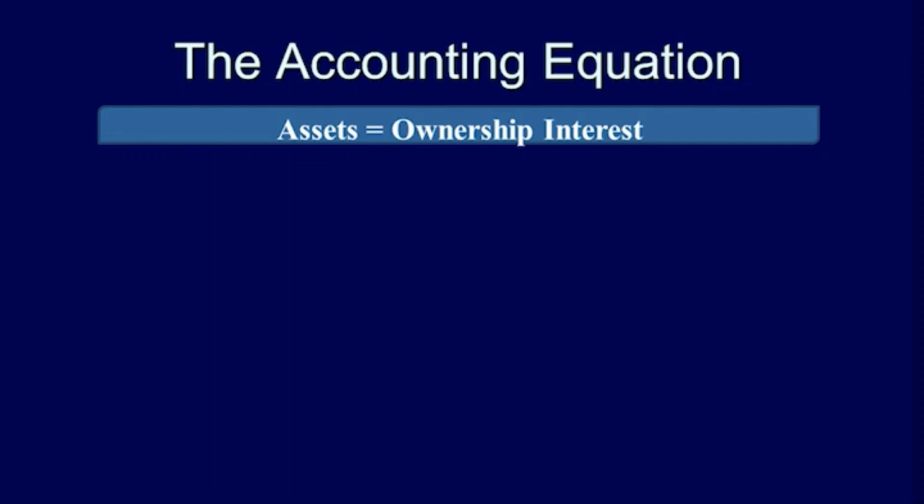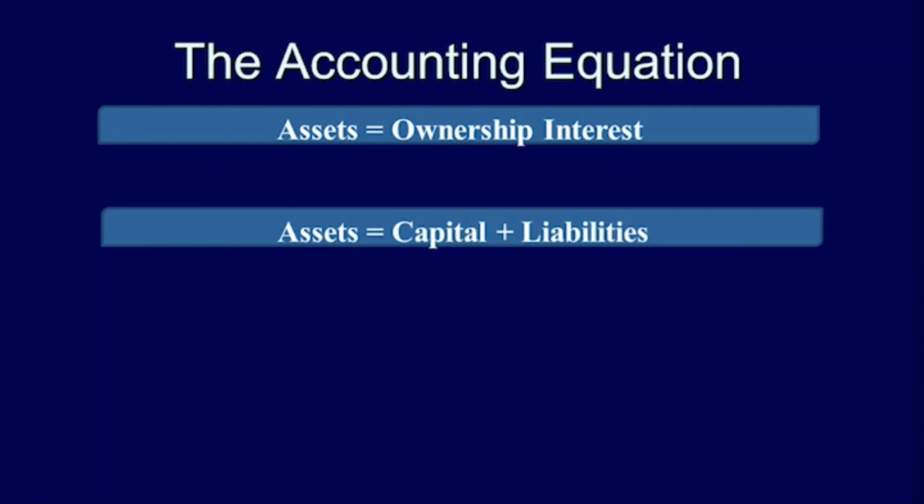The owner's contribution to the business is named capital. Therefore, the basic accounting equation is assets equal capital. When outside parties contribute to the assets of the company, that becomes liability. And it can be stated in the basic accounting equation as assets equal capital plus liabilities.